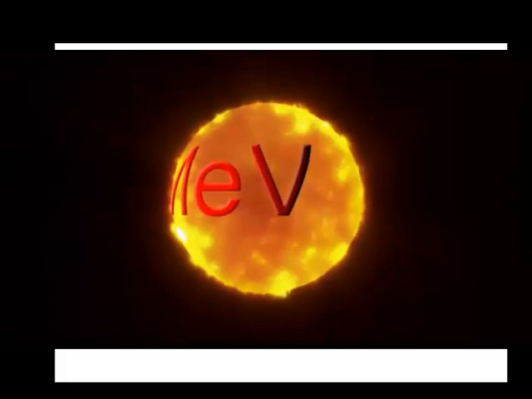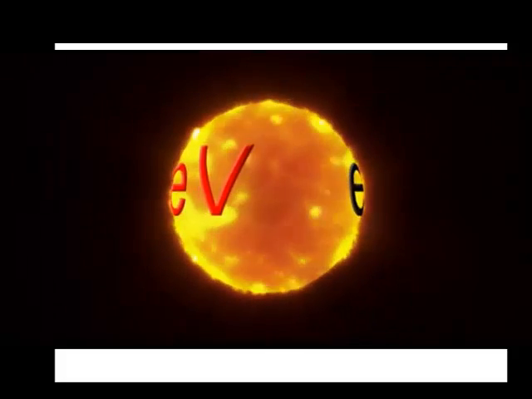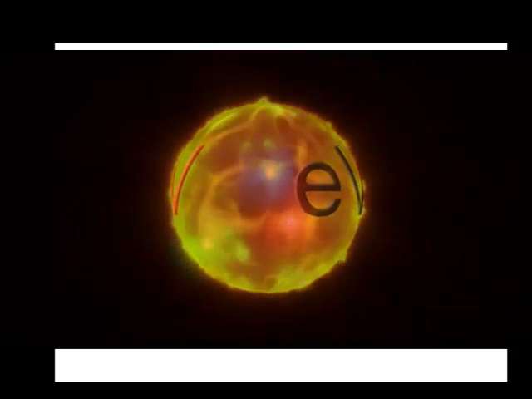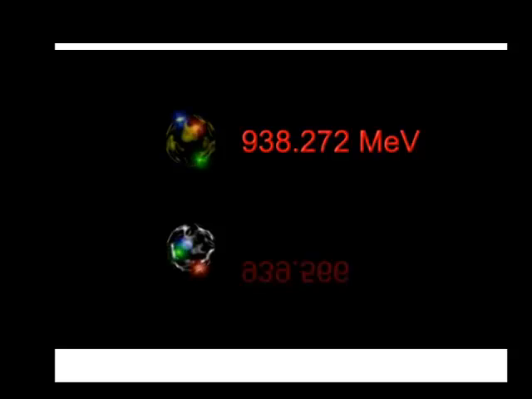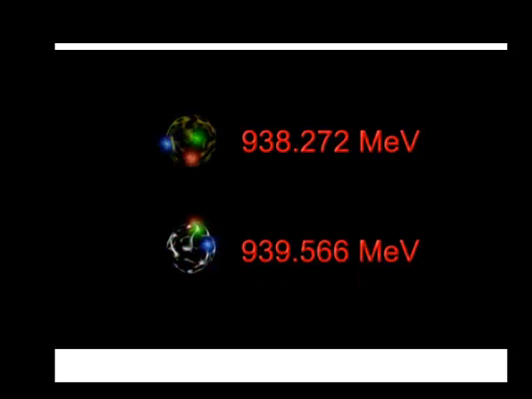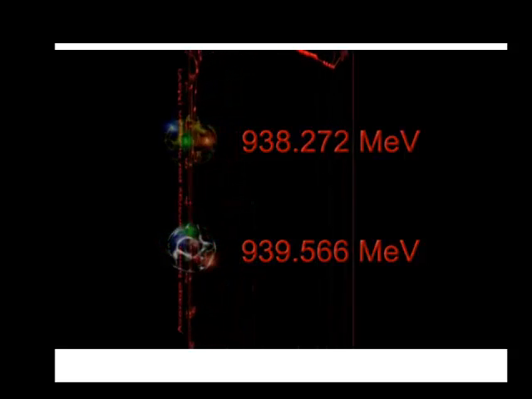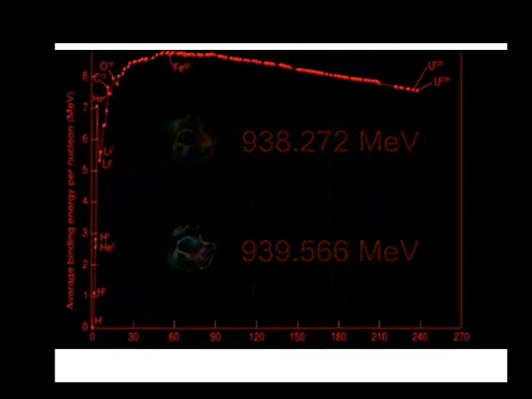Using these units, here are some facts that will come in handy. The rest mass of the proton is 938.272 MeV. The rest mass of the neutron is 939.566 MeV.